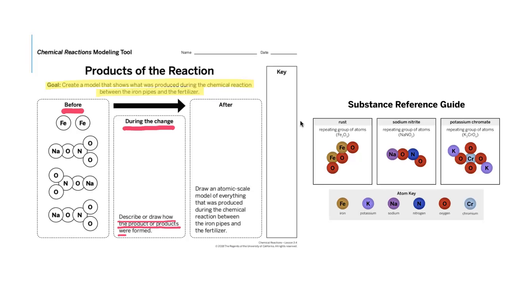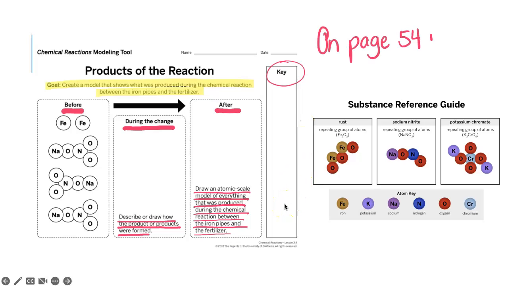And then finally, you are going to draw an atomic scale model of everything that was produced during the chemical reaction between the iron pipes and the fertilizer. Then you will also need to make a key that will match the color coding that you're going to use. This will be on page 54 in your packet.